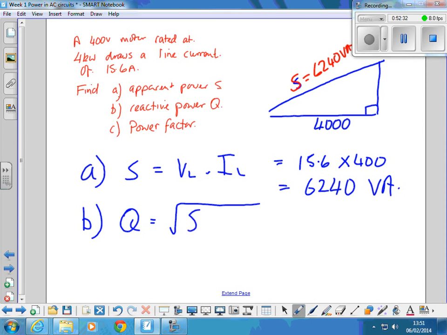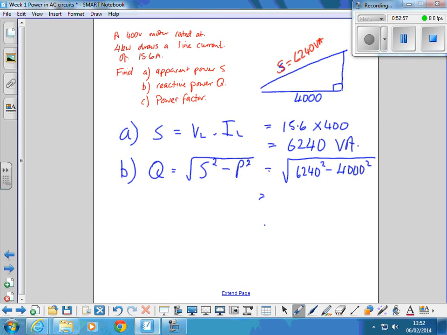It's going to be the hypotenuse squared, take away the power side of it squared. So that's the root of 6240 squared minus 4000 squared. Again, expect someone will push some buttons for us. 4789.